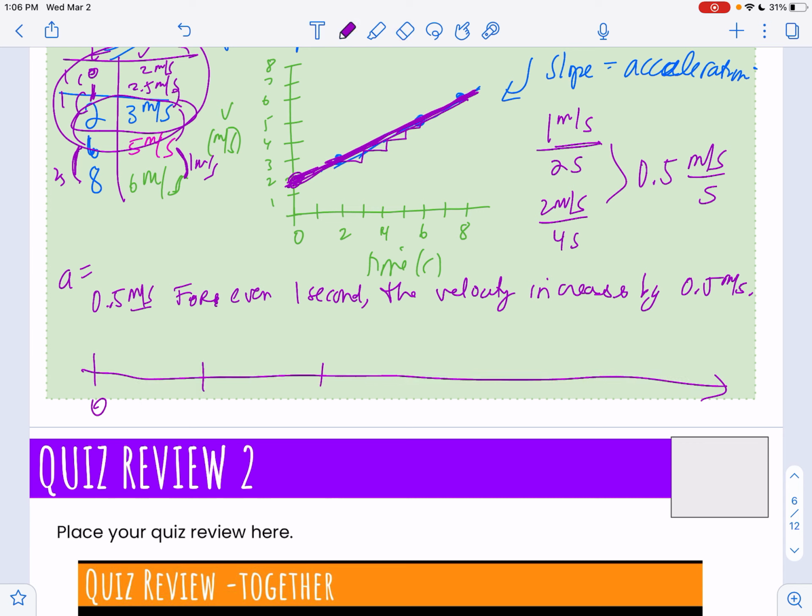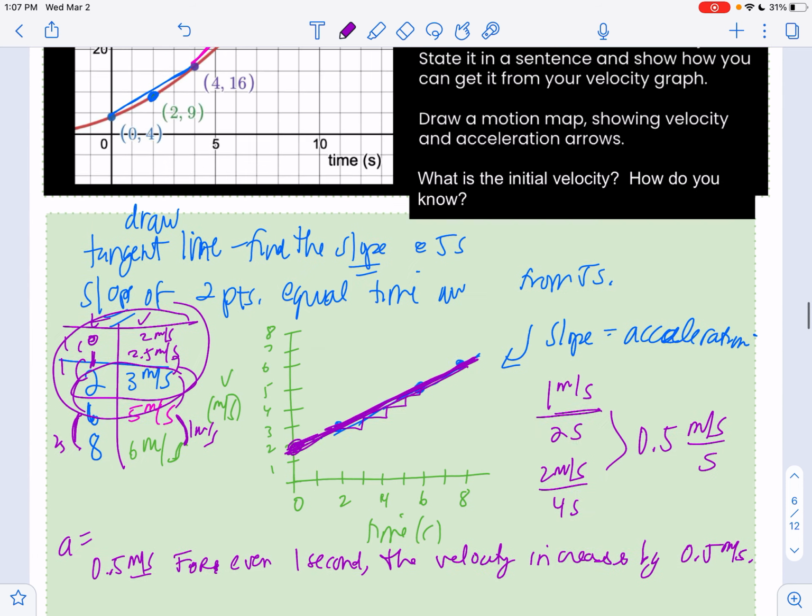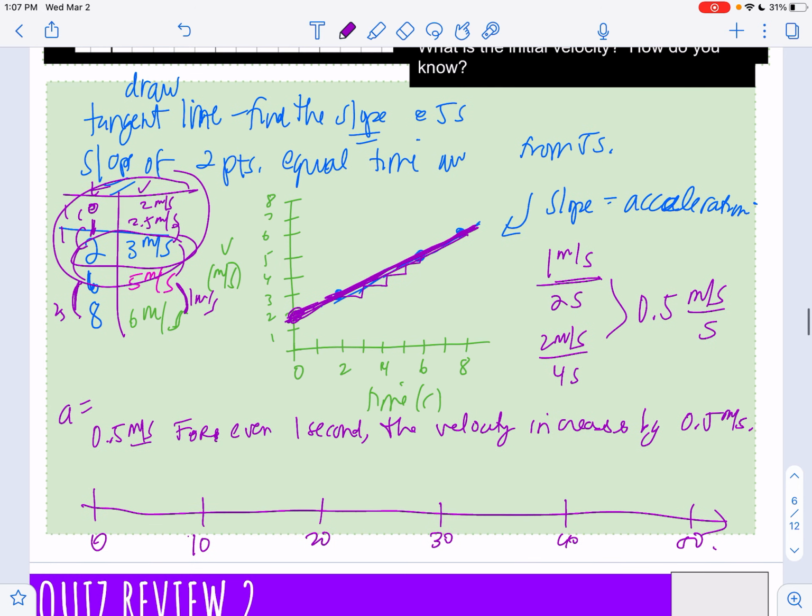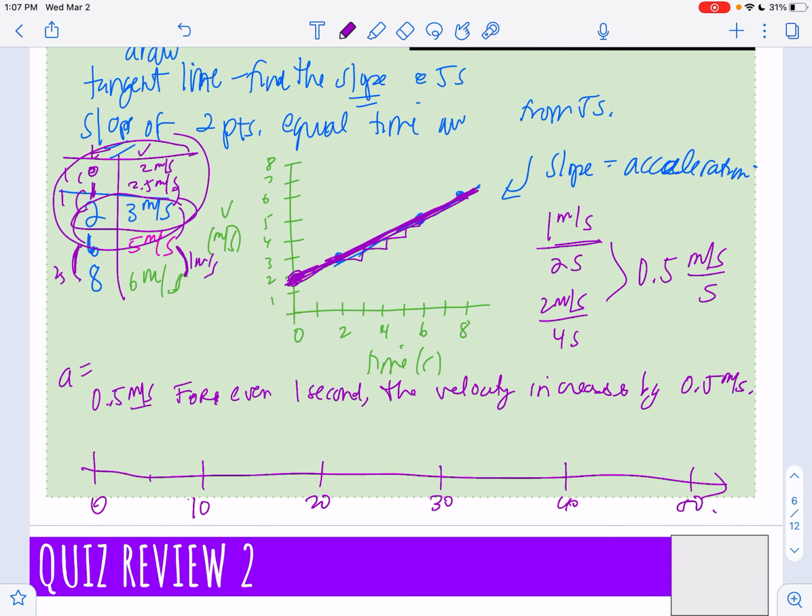So 10, 20, 30, 40, 50. These are meter marks. My first point happens at 4 meters, so maybe around here.